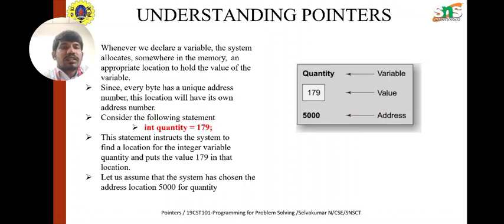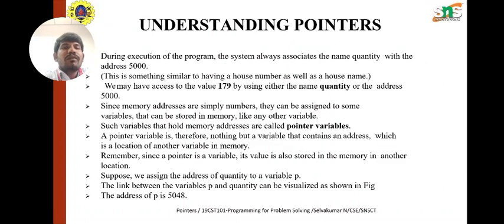This statement instructs the system to find a location for the integer variable quantity and put the value 179 in that location. Let us assume that the system has chosen the address location 5000 for quantity. So the compiler will reach the address 5000, which holds the value 179, and that value is represented by quantity.